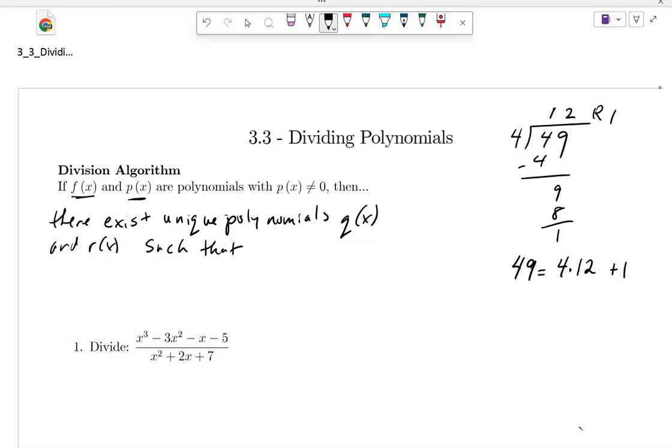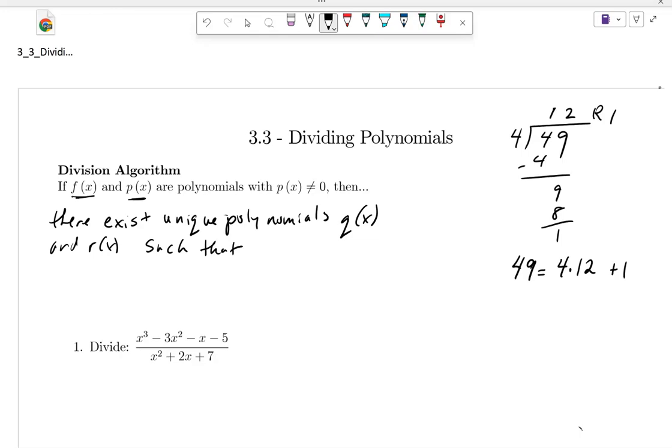But a unique part means you only get one answer, right? I don't want to do my division and come up with multiple answers, right? Over here, you went through this algorithm, you got done at a certain point, right? And you had one answer, didn't you? One quotient, one remainder, that was it, okay? Same idea. That's all the exist unique polynomials part means, okay?